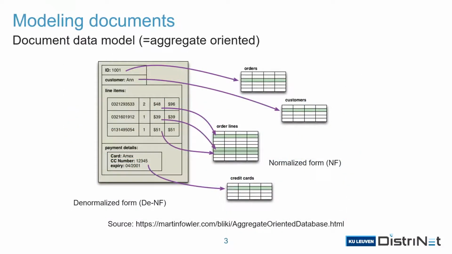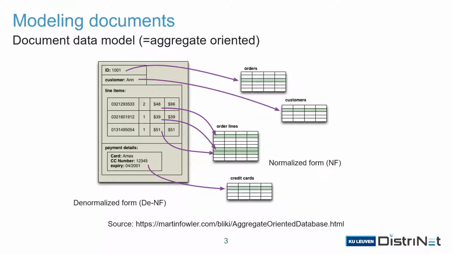So what exactly is the challenge with modeling documents, or document database schema design? It's that they're more aggregate oriented, so they tend to lean more towards a denormalized format rather than a normalized form such as common in relational database systems. So if we look at the example, we see a customer that has placed an order for several products, formulated as order lines, and the information on this order is all grouped together in a single object.